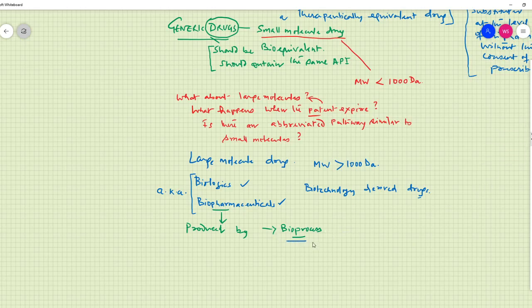So bioprocess is utilizing a living system to produce a biopharmaceutical.